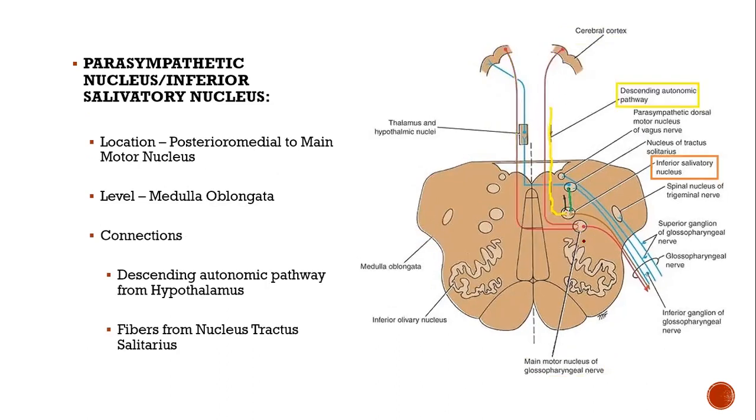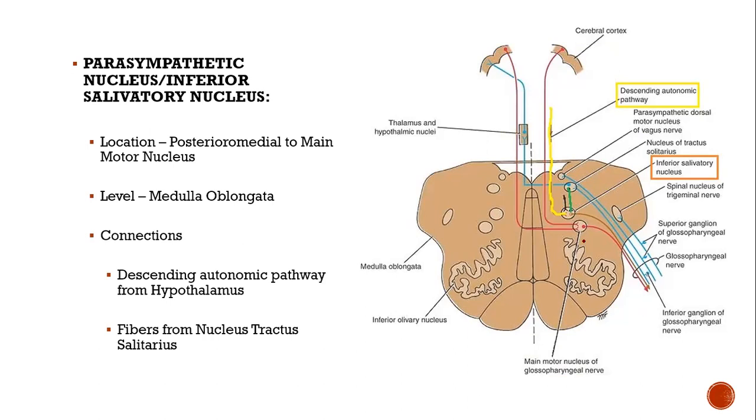Then we talk about the parasympathetic nucleus or the inferior salivatory nucleus. This nucleus is present just posteromedial to the main motor nucleus, as you can clearly see here. It is also present at the level of the medulla oblongata, and as far as the connections are concerned, the autonomic pathway descends from the hypothalamus and finally reaches this inferior salivatory nucleus.